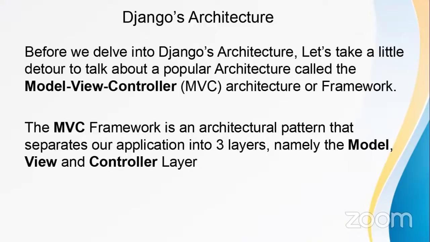It is an architectural pattern that separates our application into three layers: the model, the view, and the controller. Most frameworks, not just Django, adopt this architecture. So what is the model, what is the view, and what is the controller?